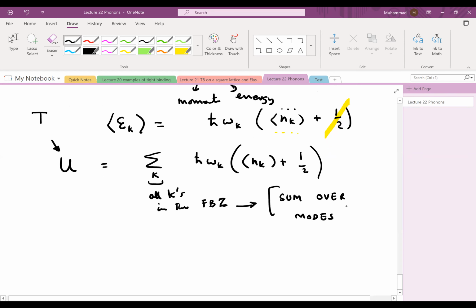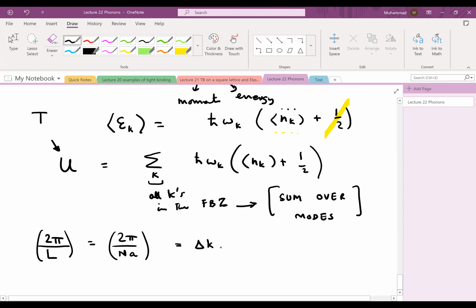For a one-dimensional solid, as well as for a two or three-dimensional solid, we know that these k points are spaced really close together. In 1D, they're spaced 2 pi over L apart, where L is the total number of atoms inside the solid multiplied by the unit cell spacing. So this is my delta k.